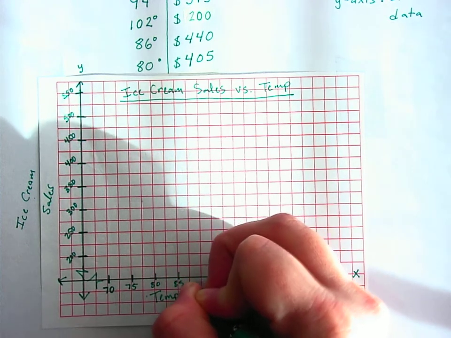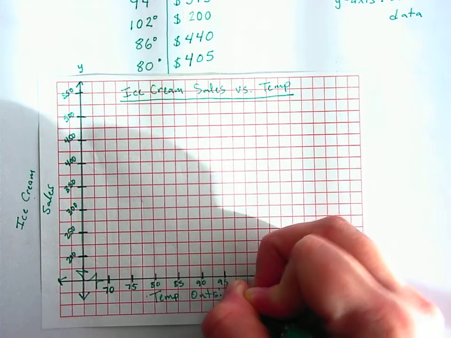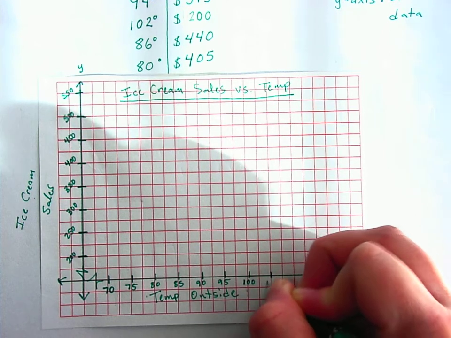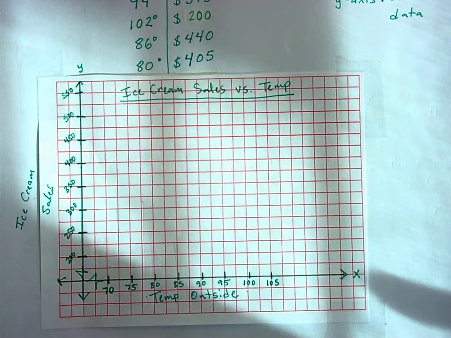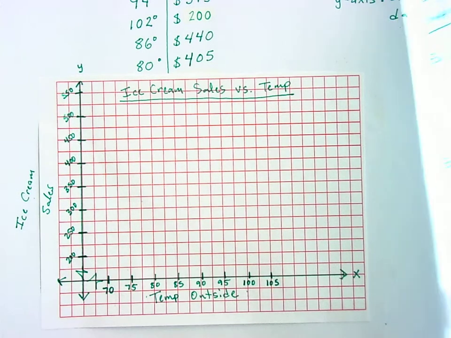There's no rule about what you have to jump by on your scales, but you do want it spread out a little bit. You don't want it to be the tiniest graph that ever existed because then it's hard to read what it is. All right, again, there it is. Pause if you need to pause.